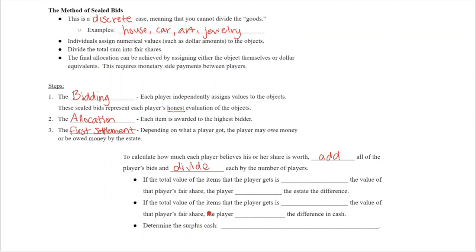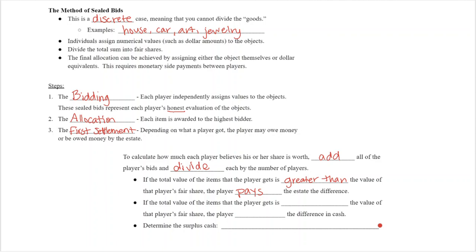If the total value of the items that the player gets is greater than their fair share, then that player will pay the estate the difference. Okay, so if I get an item that is worth more than my fair share, then I will have to pay cash to even everything out.